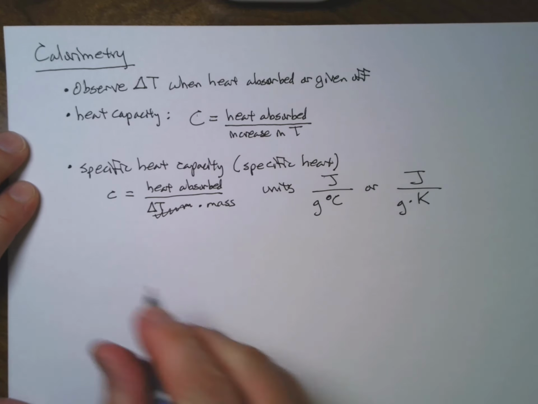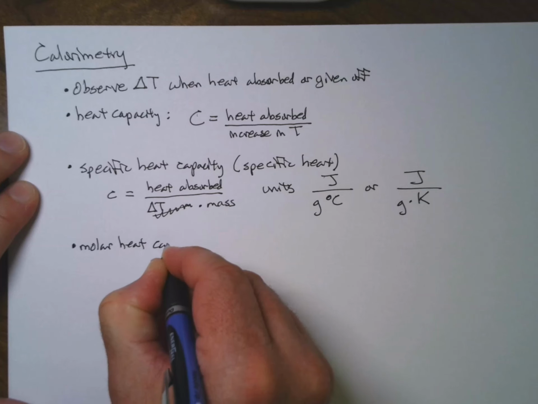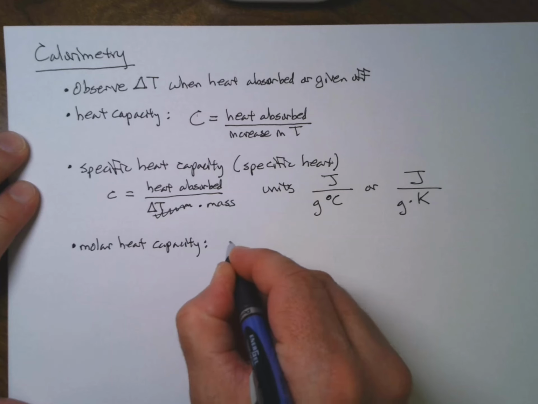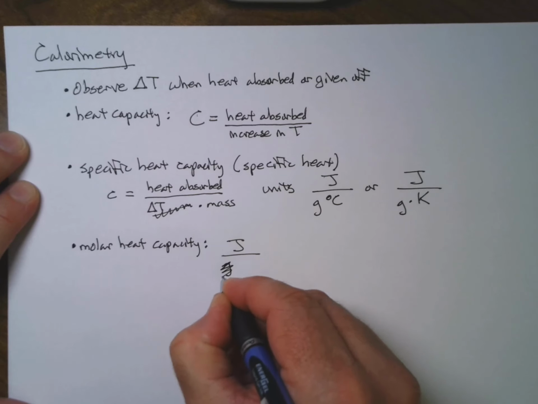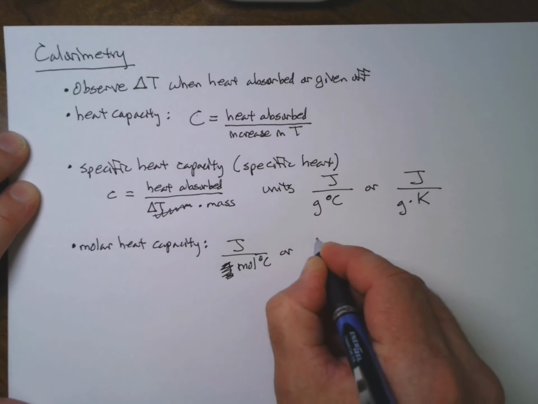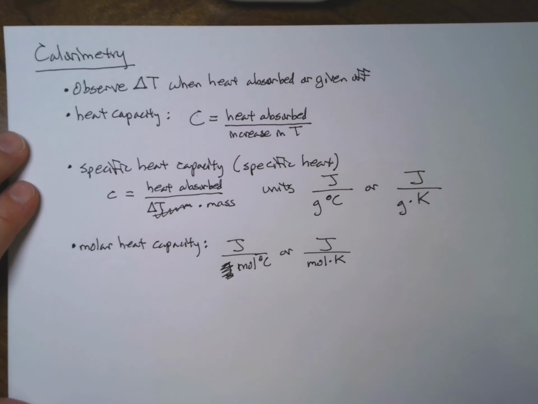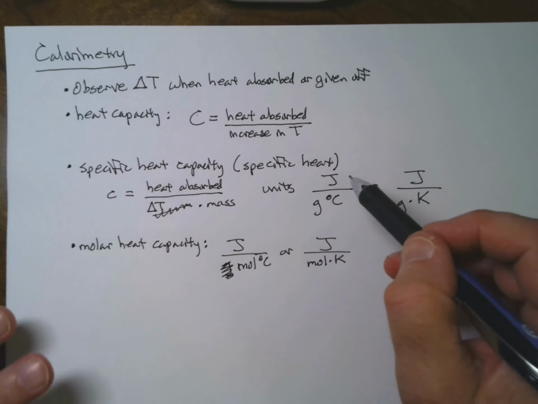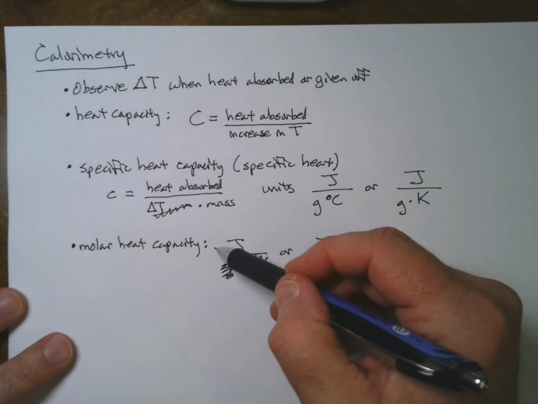We can also have something called a molar heat capacity, where our units are joules per mole degree Celsius, or joules per mole Kelvin. So specific heat is the heat capacity per gram of stuff. Molar heat is the heat capacity per mole of stuff.